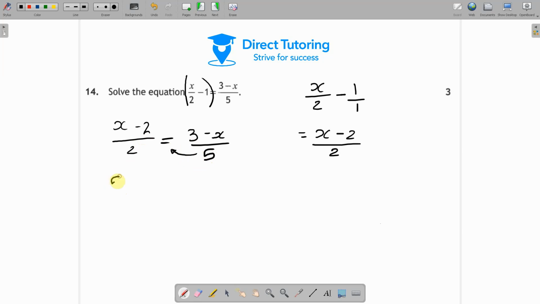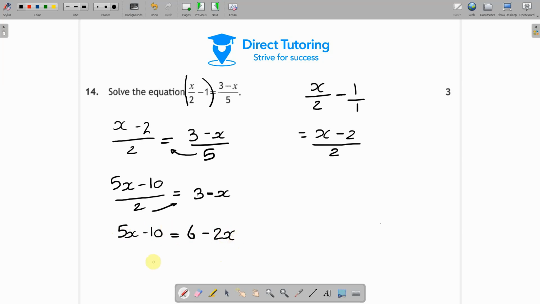So I'm going to get 5x minus 10 over 2, which equals 3 minus x. And similarly here, we'll take the 2 across, and that will go over as times. So we get 5x minus 10 equals 6 minus 2x.